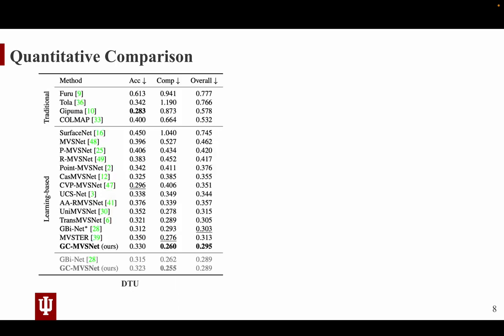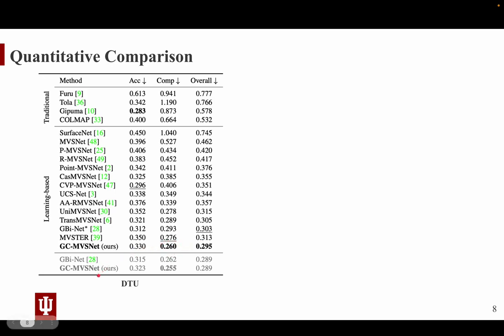For quantitative comparison, we test our model on three different datasets: DTU, Blended MVS, and Tanks and Temples. On DTU, we have two types of results. First is using a common hyperparameter for all scenes, which is the generally accepted approach, and on which we produce the best overall and best completeness values.